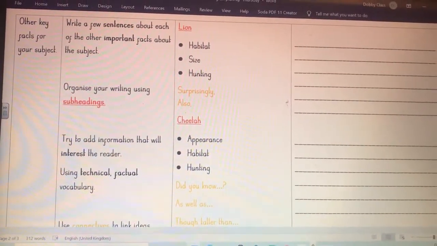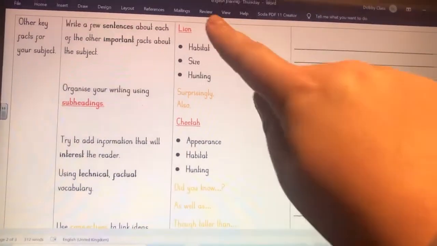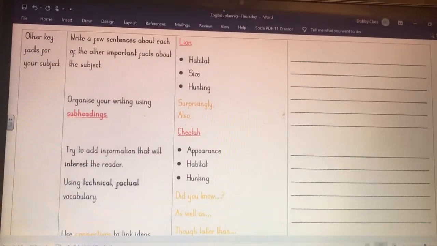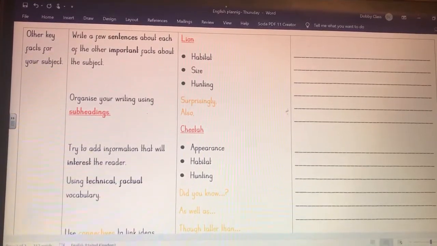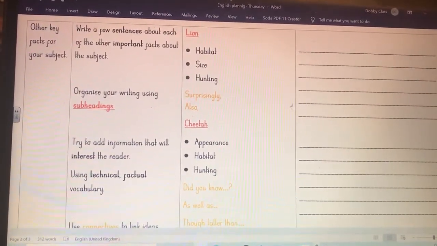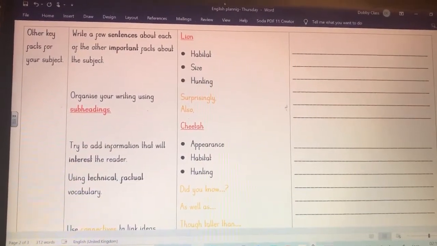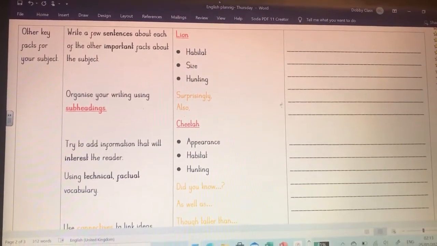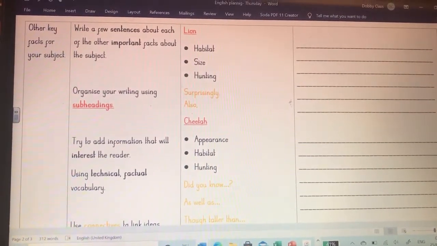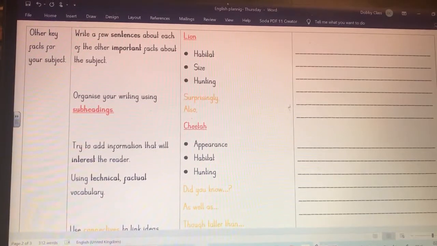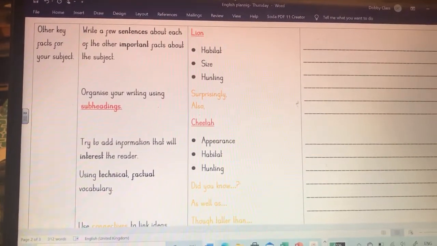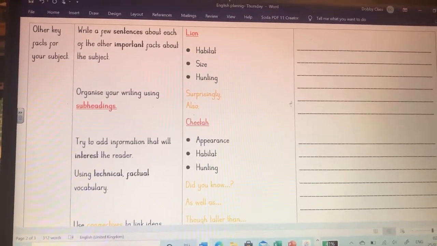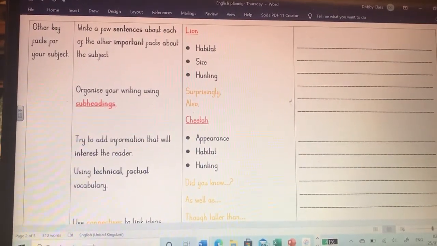Now, when we were doing our wild cats, there were 3 parts to each section, for each subheading, and they used technical, factual vocabulary. This is where you will need to make sure you've used your elephant comprehension to help you, because that was where all the technical, factual vocabulary will come from.